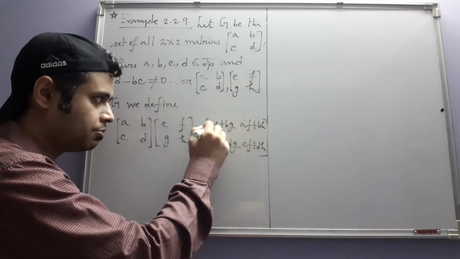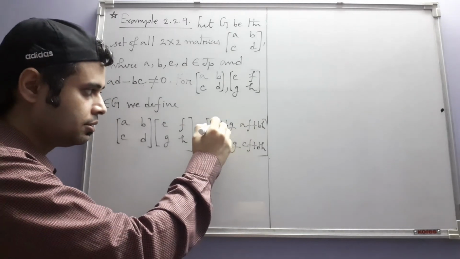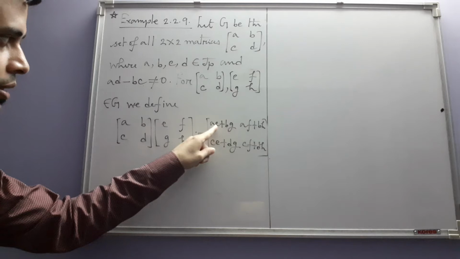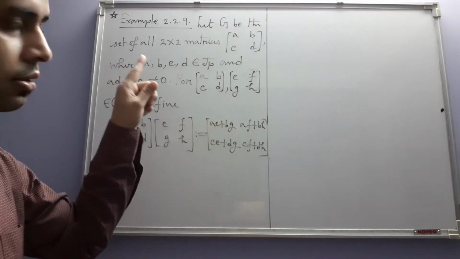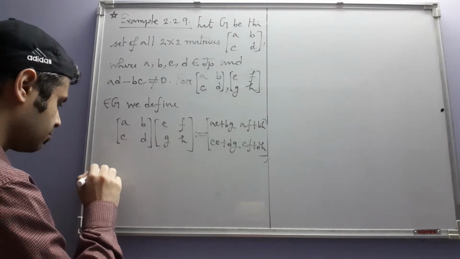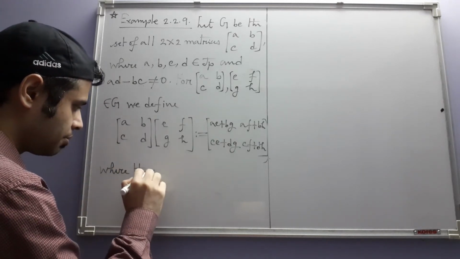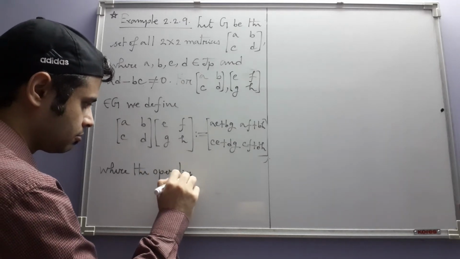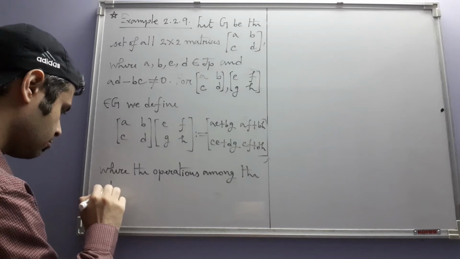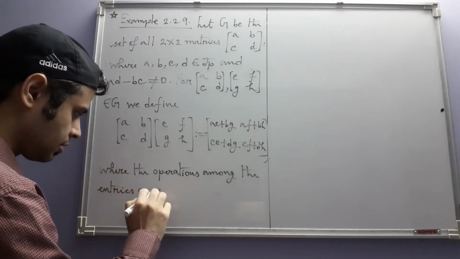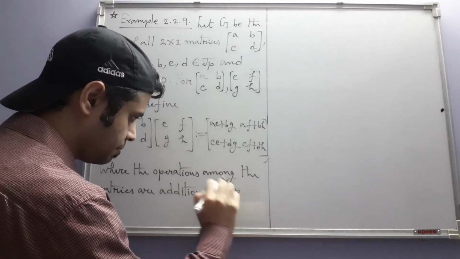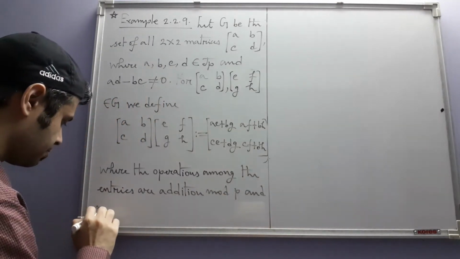However, the operations among the entries are addition modulo P and multiplication modulo P, because these A, E, B, G are not real numbers, they are congruence classes modulo P. We may as well mention that the operations among the entries are addition mod P and multiplication mod P.